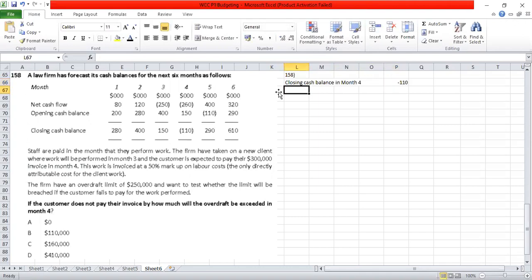Now in between they have considered taking up a new work where work will be performed in month 3 and the customer is expected to pay the 300,000 invoice in month 4. This work is invoiced at 50% markup on labor cost.